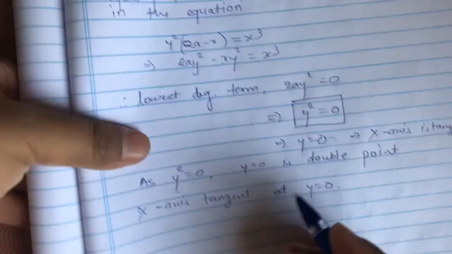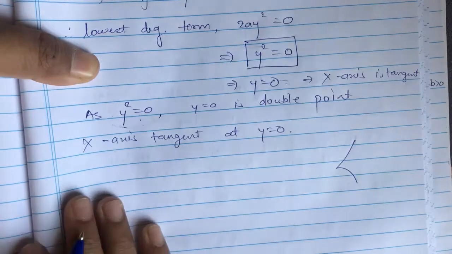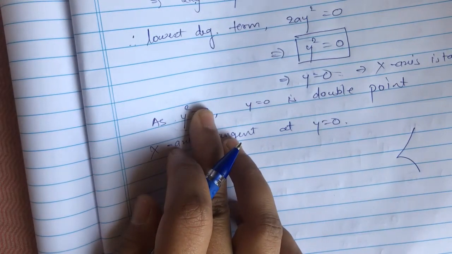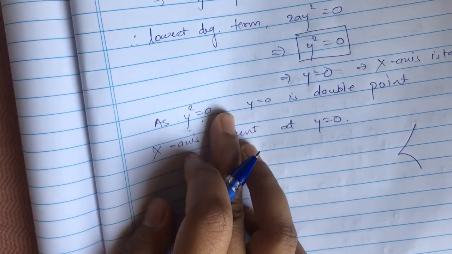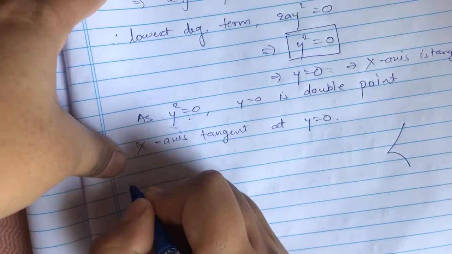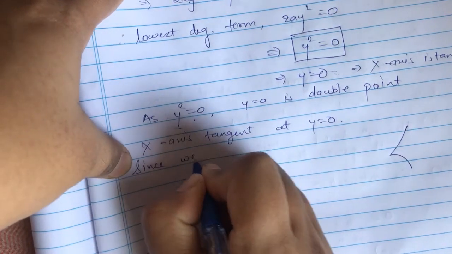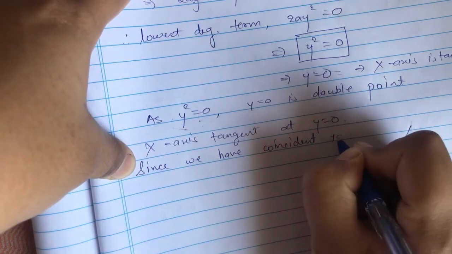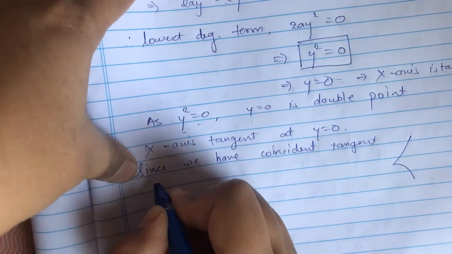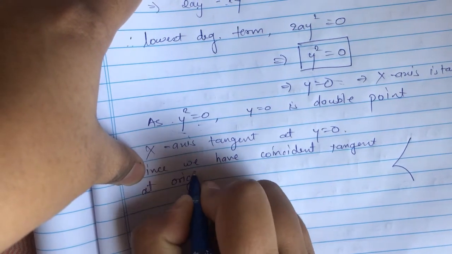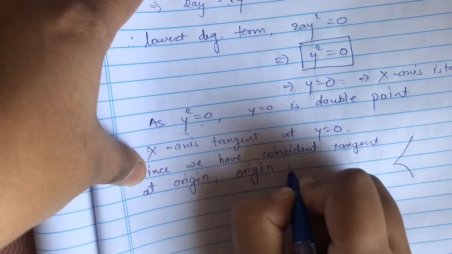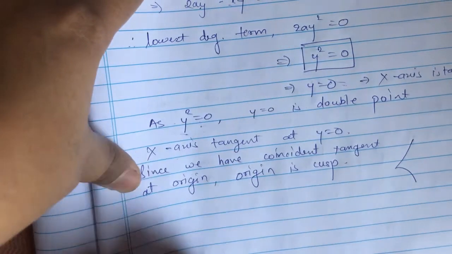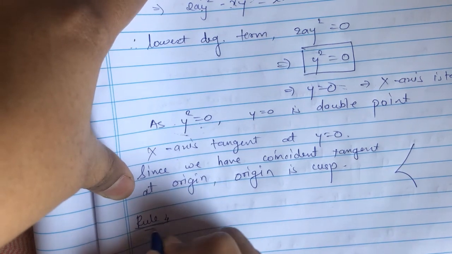So we have found the tangent at origin. Since we have a coincident tangent at origin, the origin is a cusp. Now rule 4 is asymptote.